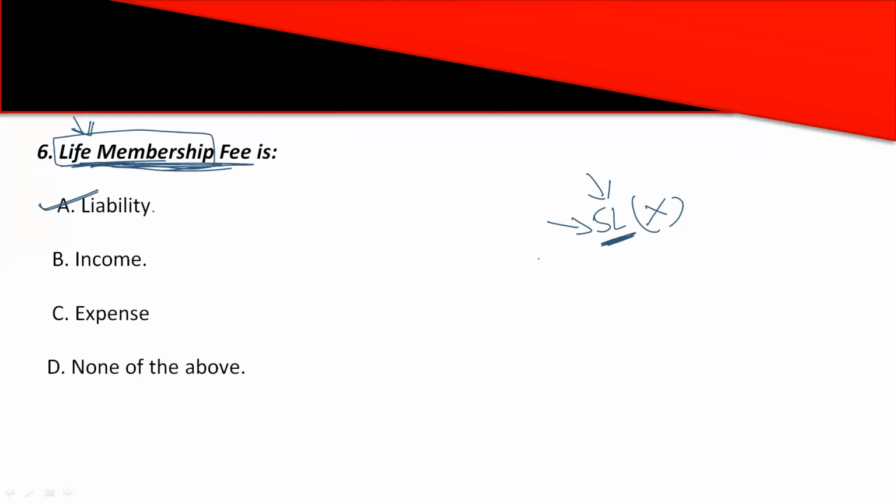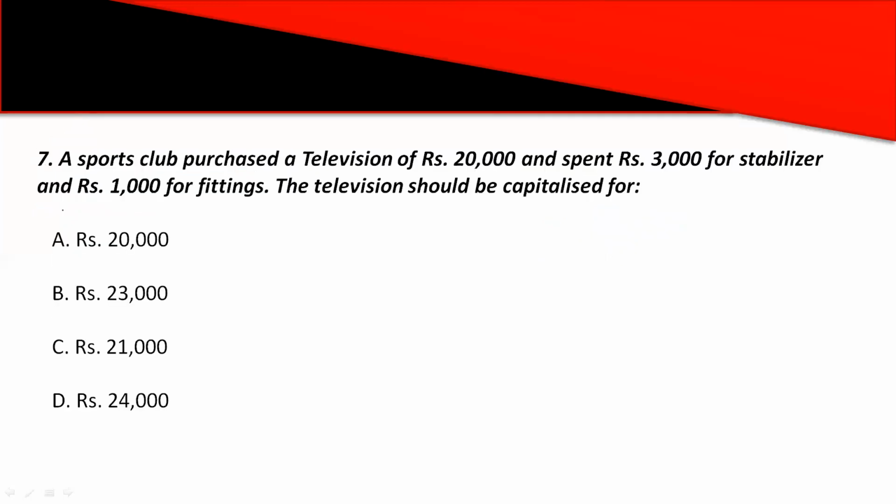For an NPO, it is a liability. Like how capital is a liability for trading organizations or profit earning enterprises, similarly life membership fee, or donation for specific purpose, or subscriptions related to specific purpose, all those are a liability here. Then moving on to next one.